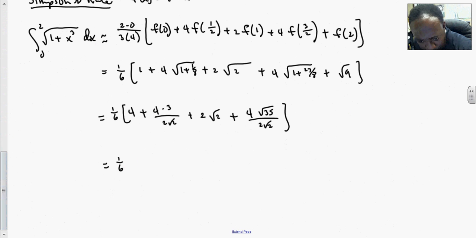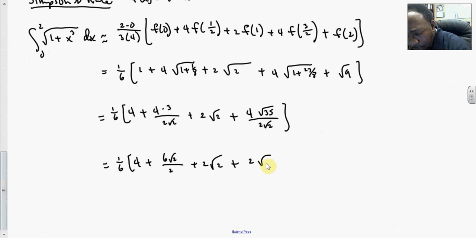So we get 1 sixth, 4 plus 4 divided by 2 is a 2, times 3 is 6. And just rationalize, we get the square root of 2 over 2 plus 2 times the square root of 2. 4 divided by 2 cancels out. So we have 2 times the square root of 70 all over 2.